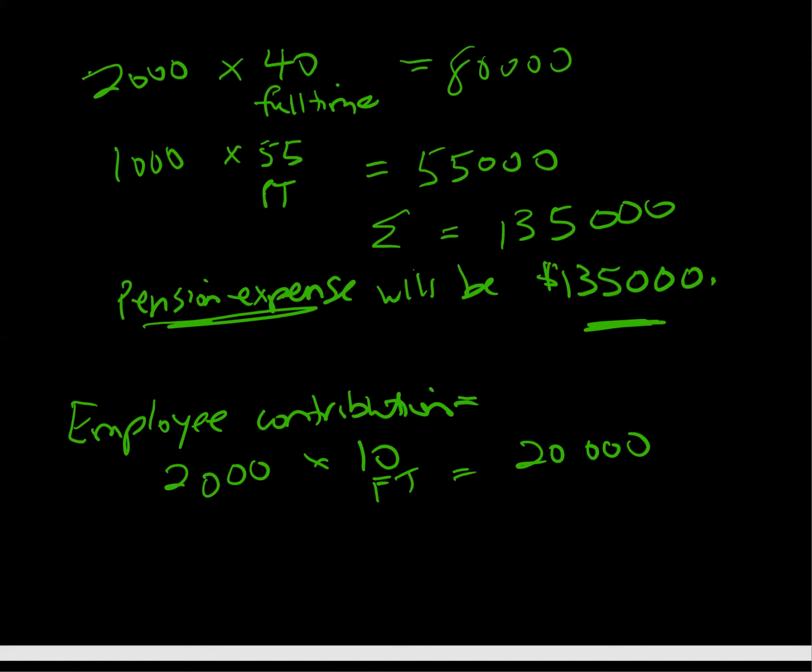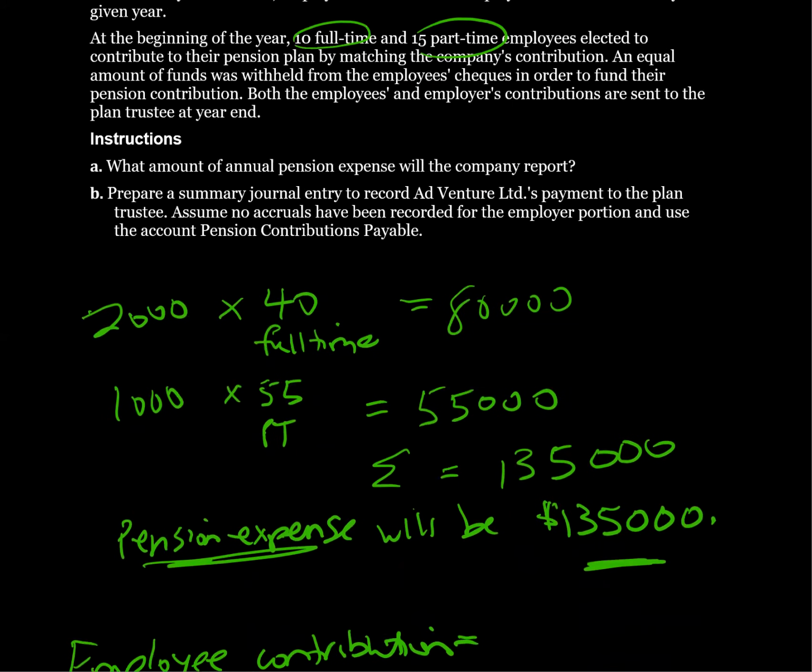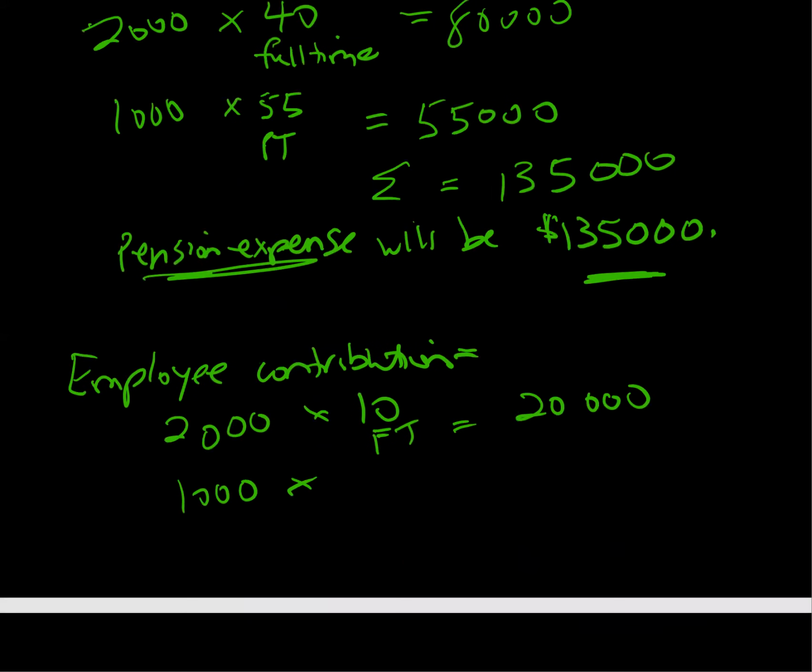And we're going to have 1,000 times, how many was it for part-time? 15 part-time, which is going to give us 15,000. So the sum of this is going to give us an employee contribution of $35,000.